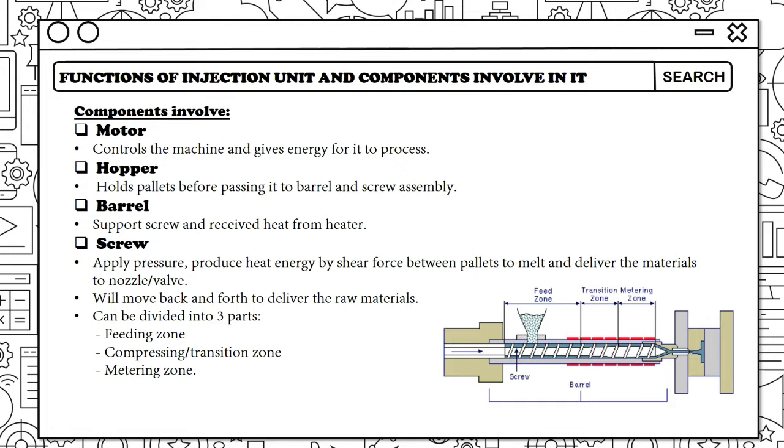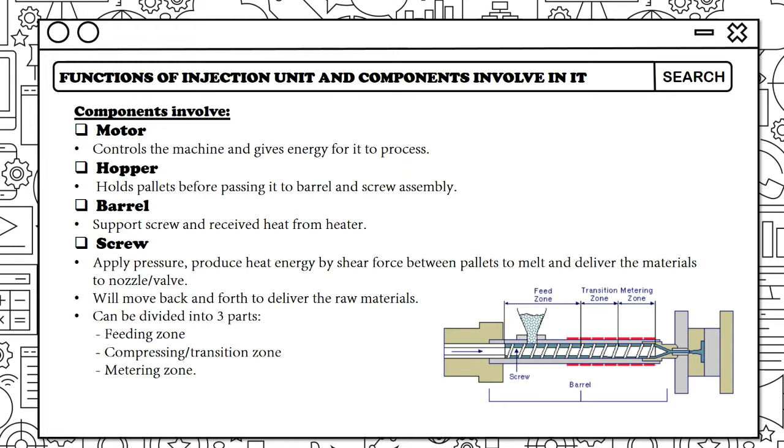The first component is the motor, which is used to control and provide energy for the machine to operate. Next, the hopper is a place where raw materials known as pellets are placed. It holds the pellets before passing them to the barrel and screw assembly. The barrel's function is to give support to the screw and receive heat from the heater.